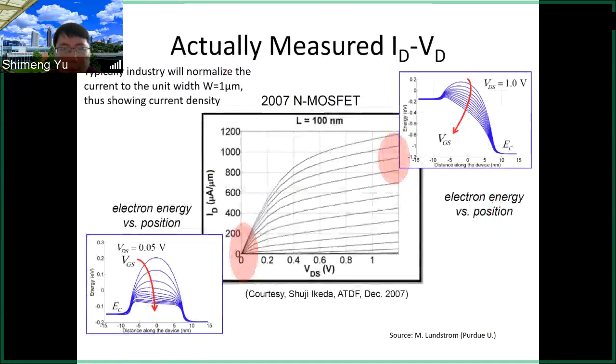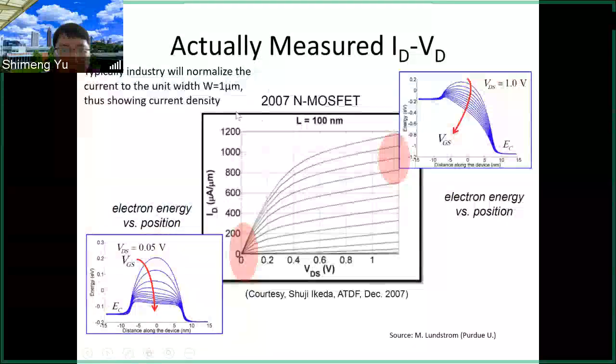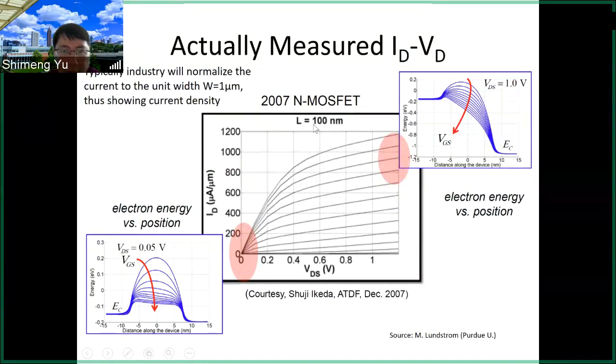So let's look at the real example. This is measured from a real chip for an L equals 100 nanometer device. This is typical in 2007. And this is ID versus VD. Sorry, ID versus VD. And this is the real data from the measurement.